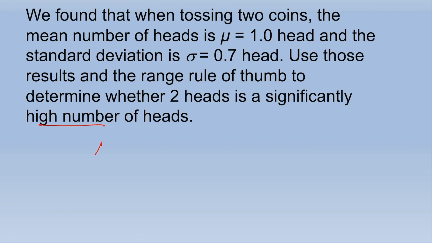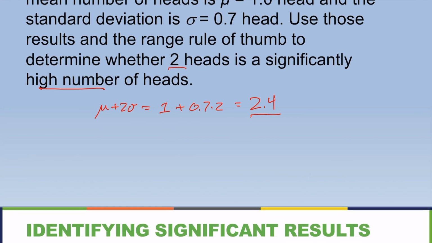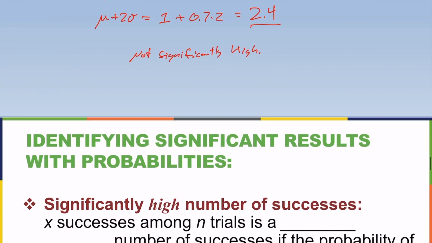Well, it's going to be significantly high if it's bigger than mu plus 2 sigma, which equals 1 plus 0.7 times 2, which is 2.4. 2 is not bigger than 2.4, so it is not significantly high.